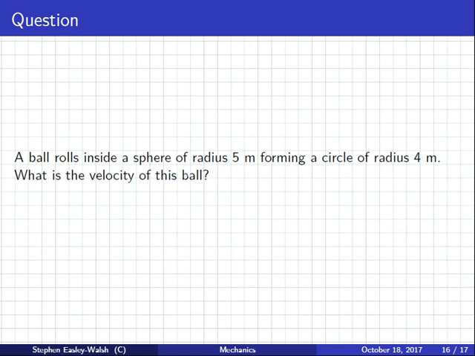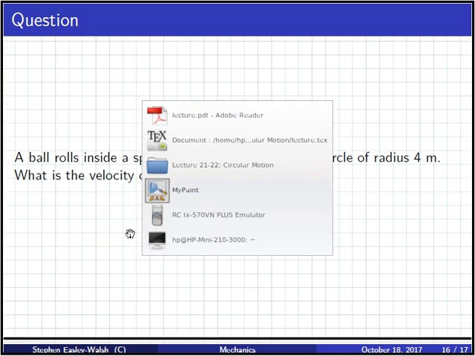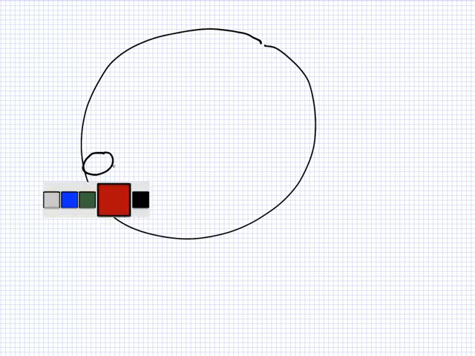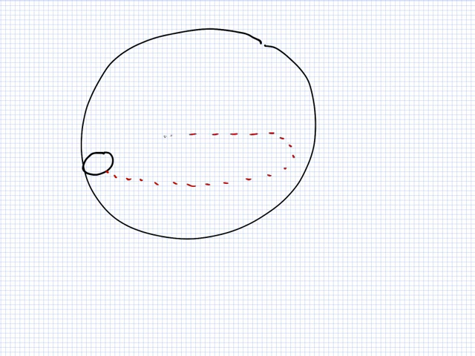Shall I draw it? So what you have is a big sphere of radius 5 meters and a ball rolls inside of it, making a circle of radius 4. So, for example, here to here, that's 5 meters, and it's making a circle in the center.